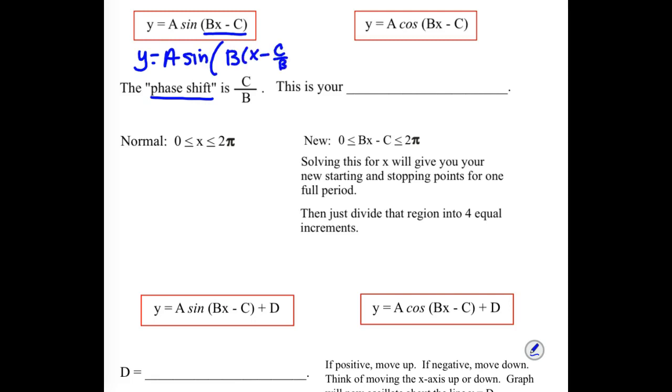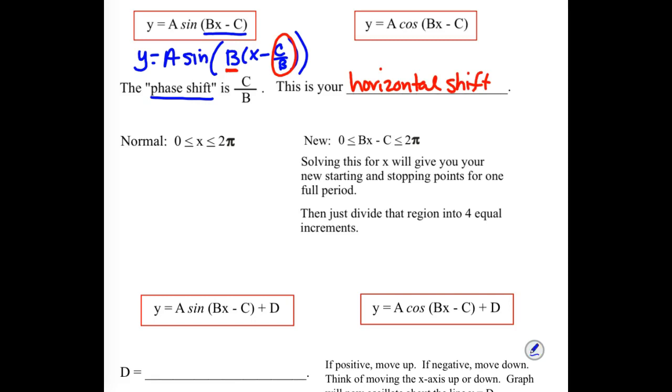If we divide bx and c by b, we get x minus c divided by b. So we've talked about changing the period, which will be the b piece, and then this will be our phase shift. That's going to tell us how much we're shifting left or right.